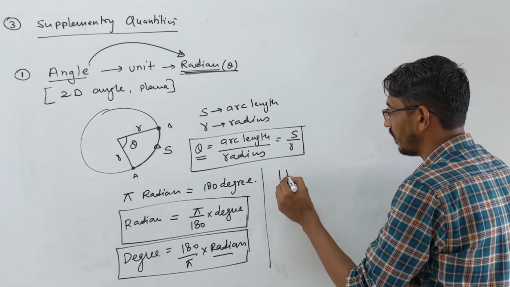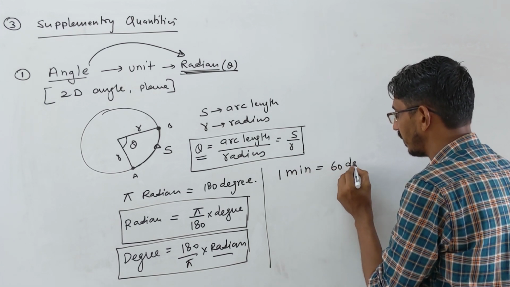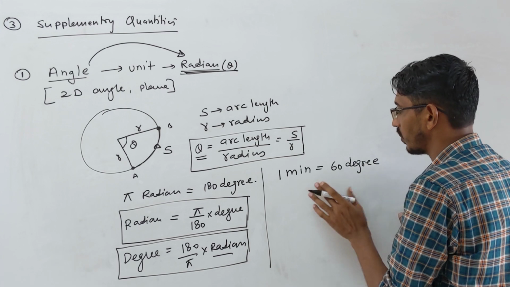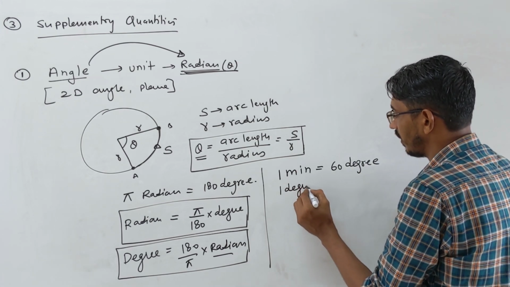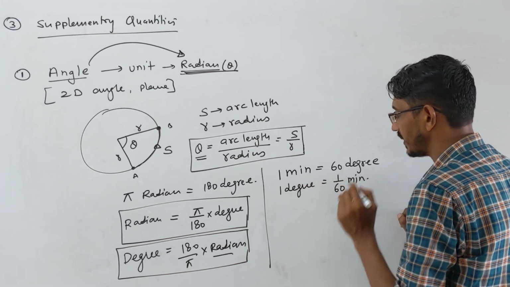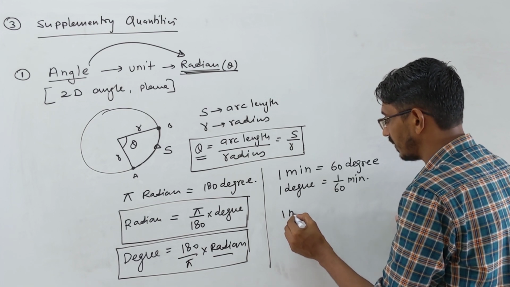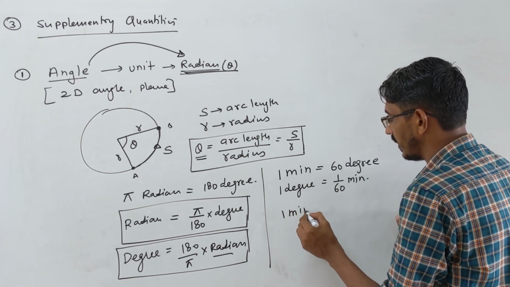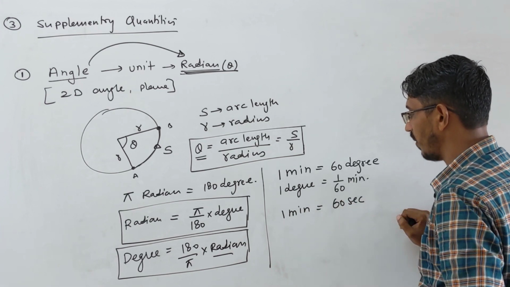What is the relation? 1 minute is equal to 60 degree, or you want to write the opposite, 1 degree is equivalent to 1/60 minute. Or I say 1 minute is also equal to 60 seconds.